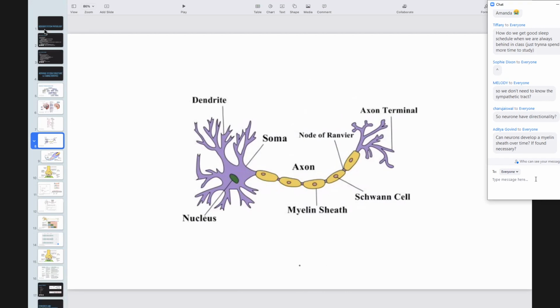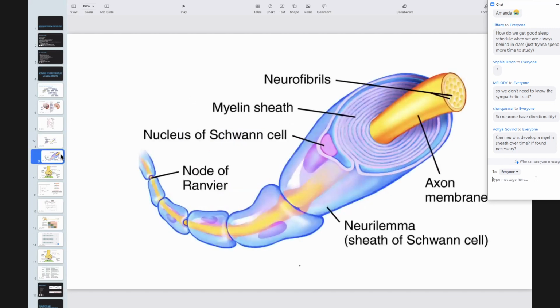Can neurons develop myelin sheath over time if found necessary? Absolutely, they can. That's one of the things with muscle memory. You do the same thing over and over and over again, and those motor neurons and nerve pathways can grow myelin, and that's why you get better and better with time, as you have quicker impulses.